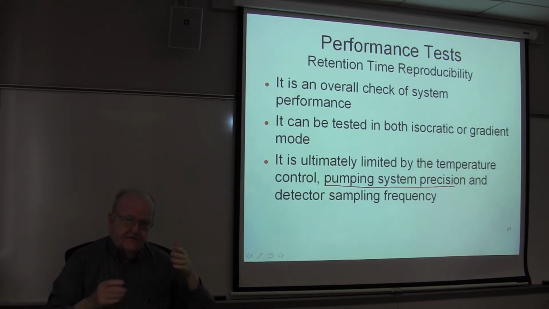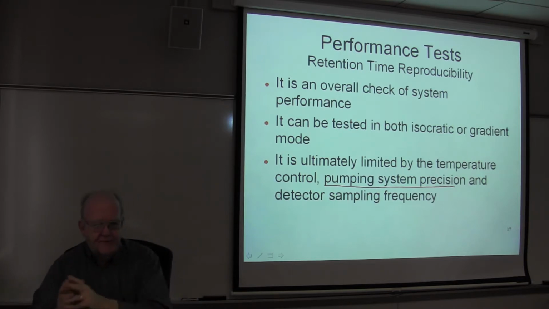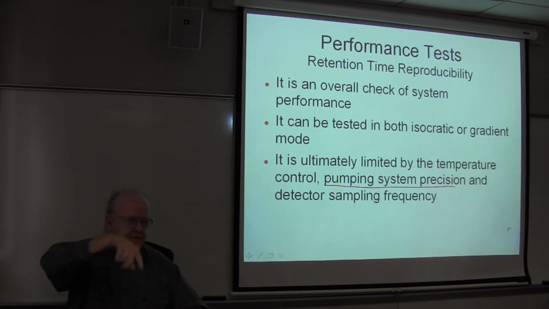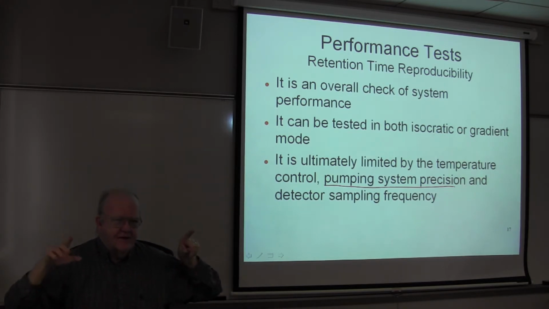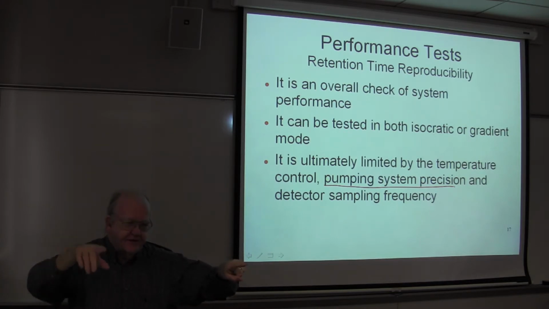Reproducibility under isocratic conditions is easier to achieve than reproducibility under gradient conditions, especially if you make what we call a hand-mixed mobile phase, where if you want to do 50-50 water acetonitrile, you weigh up the water, you weigh up the acetonitrile, you combine them together, you mix them together, and you pump them, as opposed to running in a binary system and having one pump deliver 50% and the other 50%.